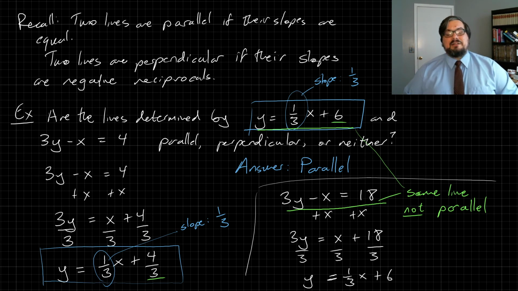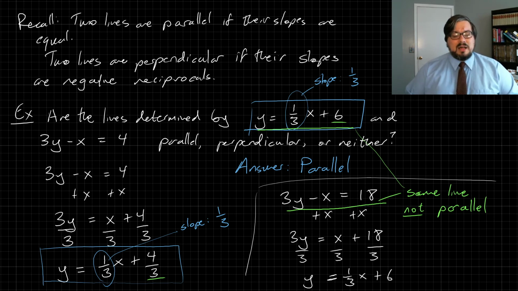A line is not parallel to itself. That's not something that comes up a whole lot, but keep an eye out for it. In order to say that two lines are parallel, they need to actually be different lines. And if they have the same slopes, you can determine that they're different just by comparing their y-intercepts.